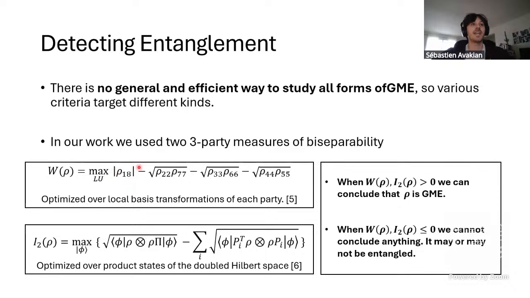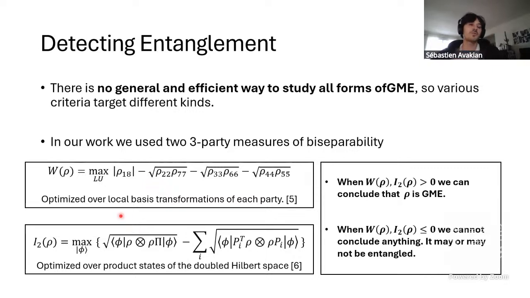If this value returns positive, then your state is genuinely multipartite entangled for 3 qubits or 3 spins. If it's equal to 0 or negative, it is inconclusive. So it could be entangled in some other way; this criterion isn't powerful enough to detect it. And we do this by maximizing over all local unitary operations. So we just rotate the basis and try to find which basis maximizes the entanglement.